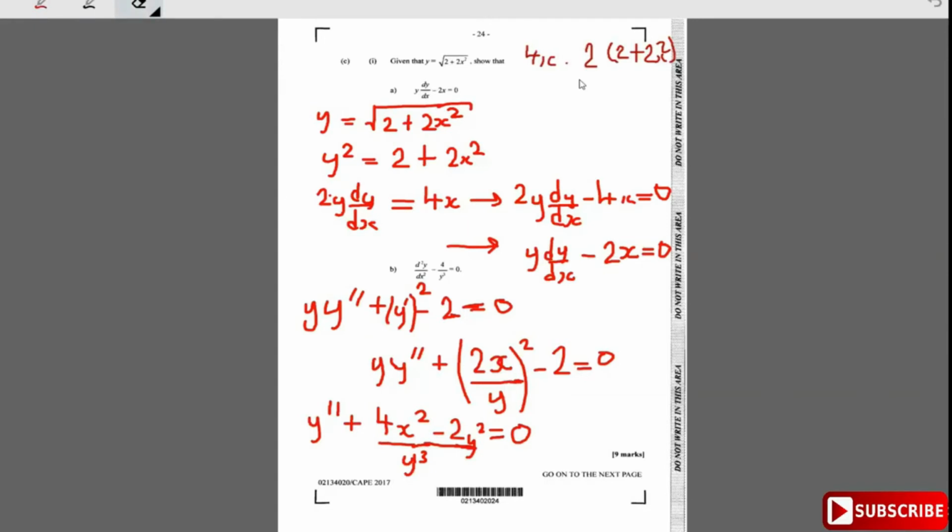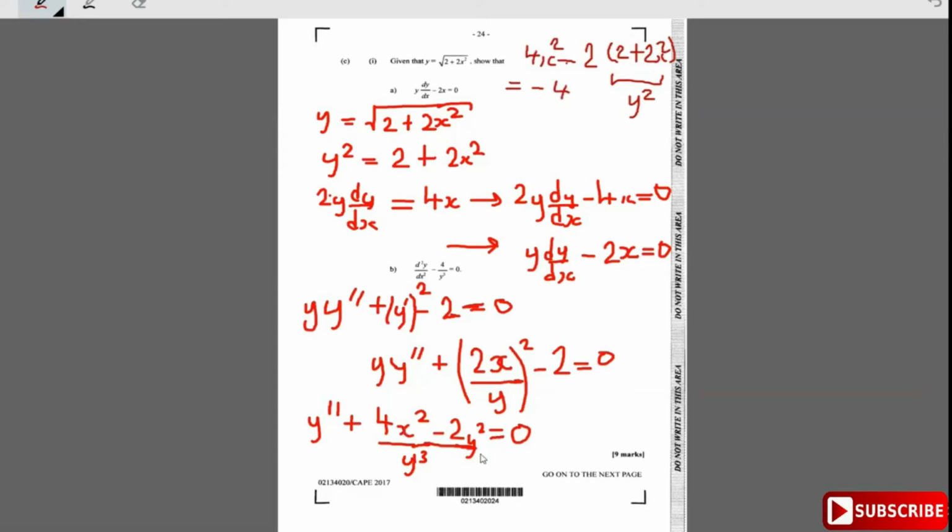This is saying 4x squared minus 2 times 2 plus 2x squared, where this 2 plus 2x squared is really y squared. So 4x squared minus 2 times 2x squared. As you can see, minus 2 times 2 is minus 4. Then the 4x squared minus 2 times 2x squared becomes 0.